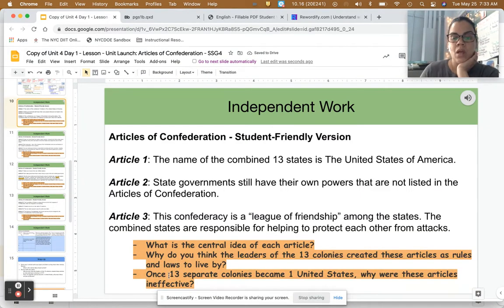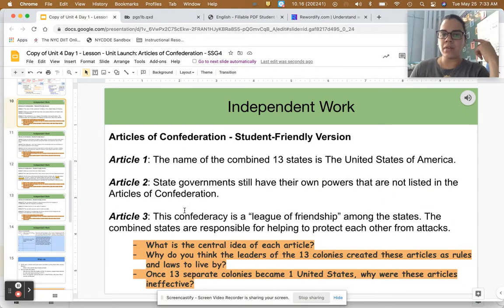Okay? Once 13 separate colonies became one United States, why were these articles ineffective? Okay, so let's think. Let's look at Article 2. States have powers that are not listed or written in the Articles of Confederation. What problem could that cause?